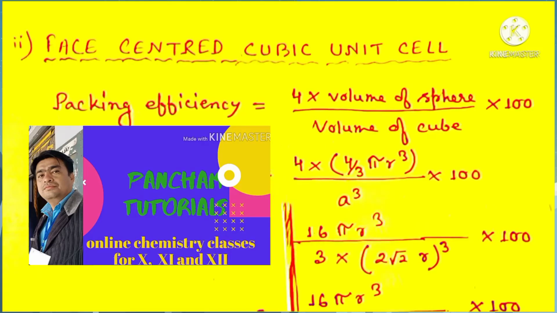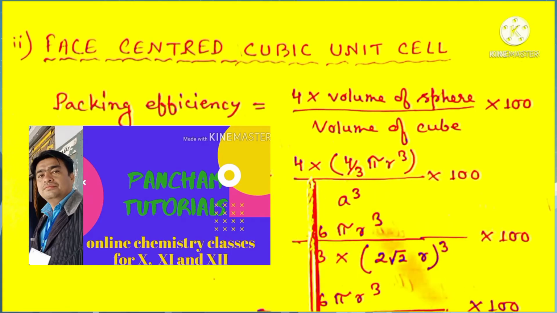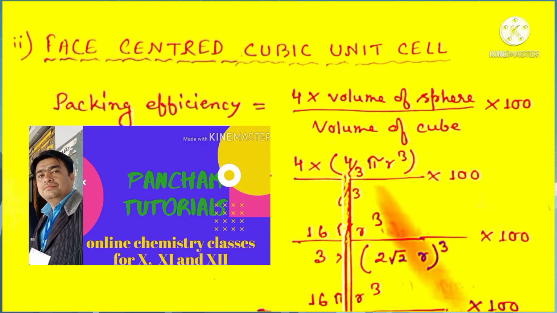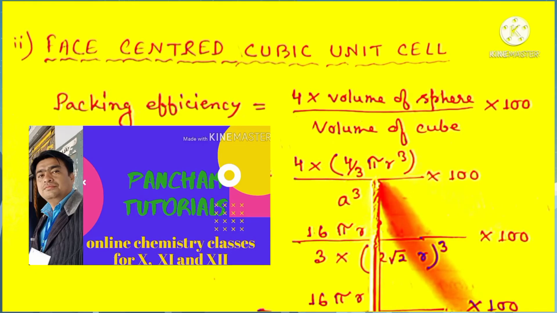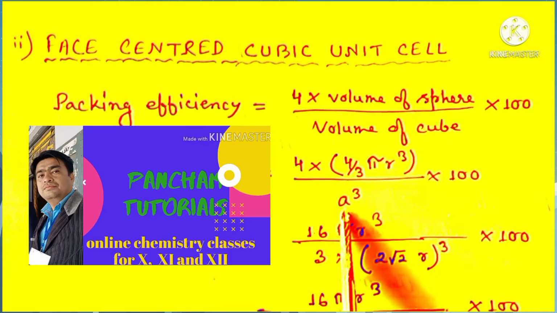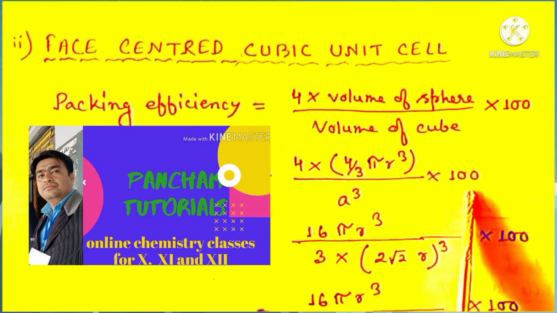Okay, so now you see, 4 into the volume of sphere is 4 by 3 pi r cube, divided by the volume of the cube, which is a cube, multiplied by 100.